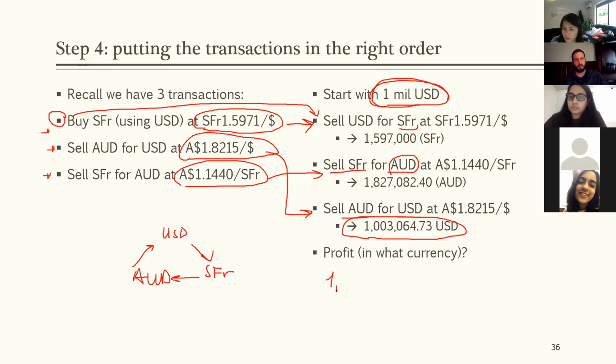So my profit, therefore, is going to be this ending point minus 1 million. So that will give me 3,064.73 USD, okay?